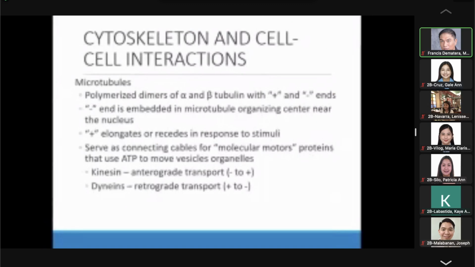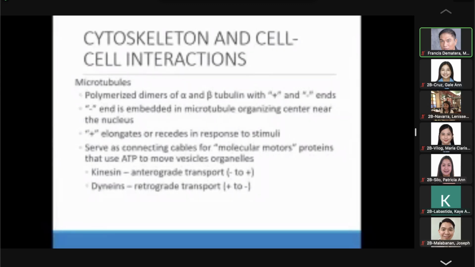So microtubules, these are polymerized dimers of alpha and beta tubulin with positive and negative ends. The negative ends are embedded in the microtubule organizing center near the nucleus, and the positive ends elongate or recede in response to stimuli.